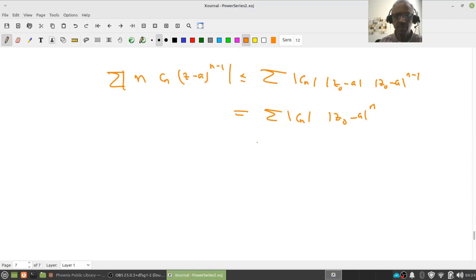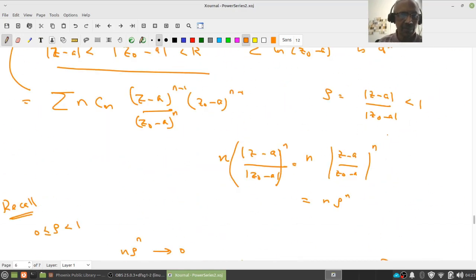Now what do I know? Z naught belongs to B(a, R), and therefore I know this series, z naught minus a to the power n, is absolutely convergent. Therefore this is convergent.